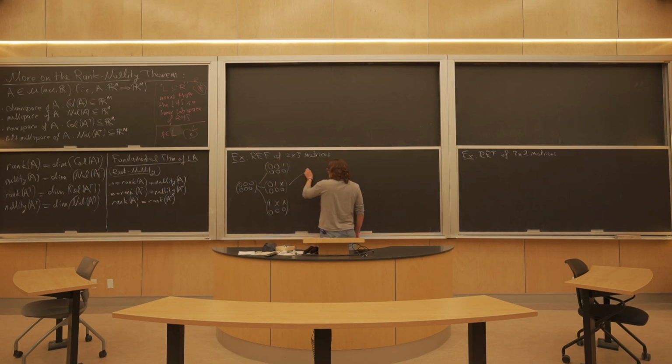I can modify it like so. Or I can modify this in two different ways. Either it is like so, or it is like so. Okay? And so here are the staircases.